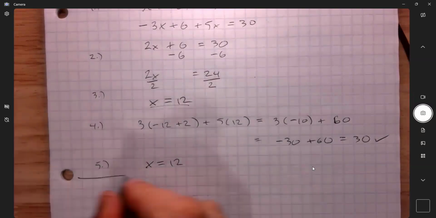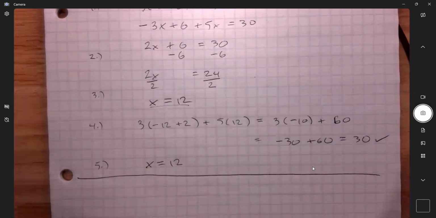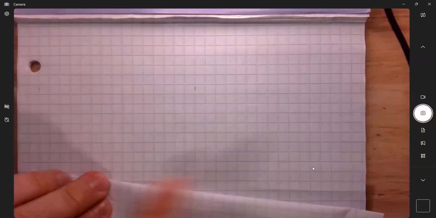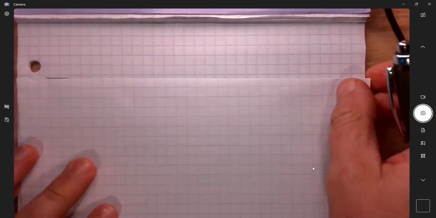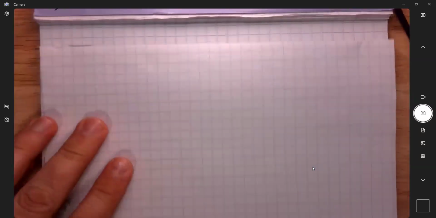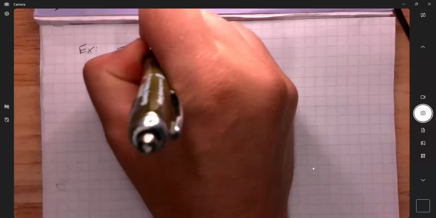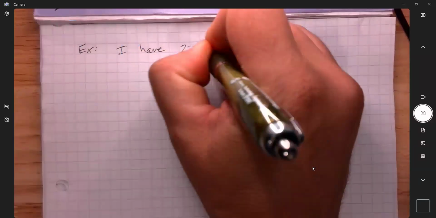That's the process. We get a step 0 if we start with an application, if we start with modeling. So I'm going to use an example from an earlier video because I've already thought about it. I have 20 apples.